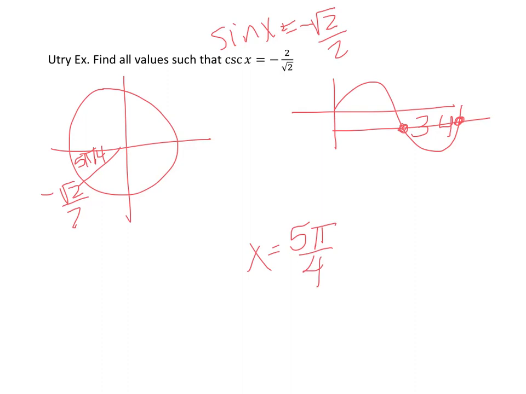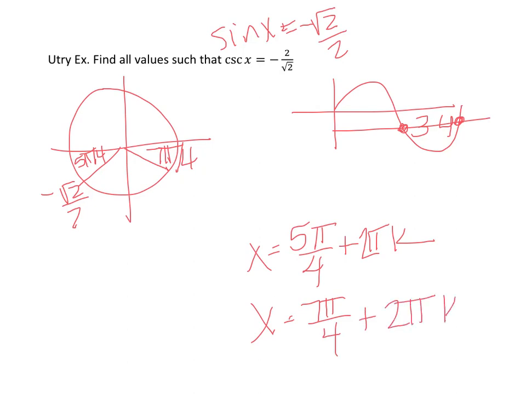How often does sine repeat, cosecant repeat? Every 2 pi, so 2 pi k. Where's the other one at? It's going to be in quadrant 4. And that's going to be 7 pi over 4. So that's plus how often it repeats, 2 pi k.